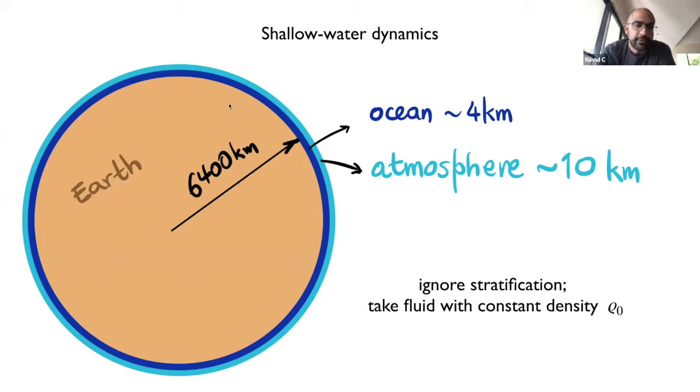The ocean is more or less 4 kilometers mean depth, while the atmosphere is about 10 kilometers if you just consider the lower part of the atmosphere, the troposphere. So on a planet that is 6,400 kilometers, it is a very thin layer of fluid.